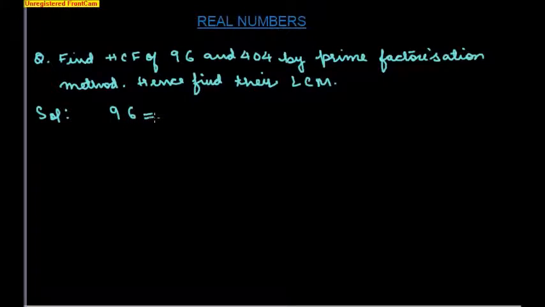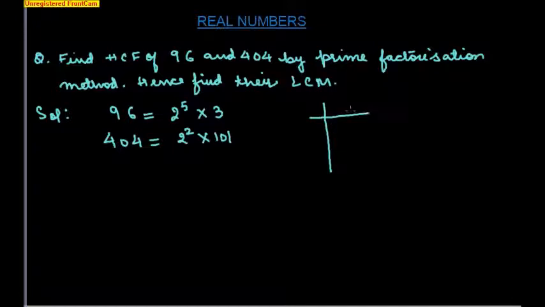Let us write down the prime factorization of 96. Prime factorization of 96 is 2 to the power of 5 into 3, and the prime factorization of 404 is 2 square into 101. For all those who are not aware, we find the prime factorization of 96 as follows.